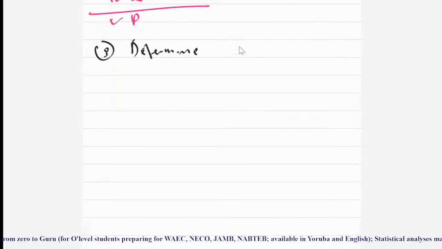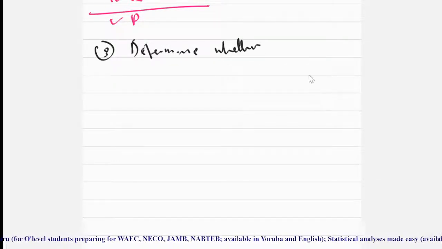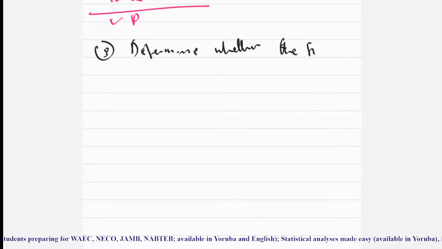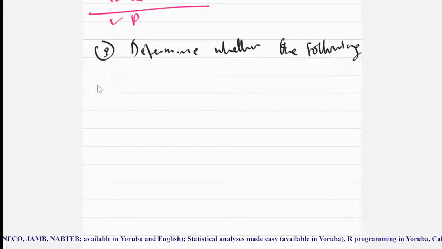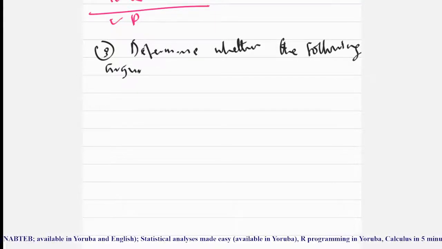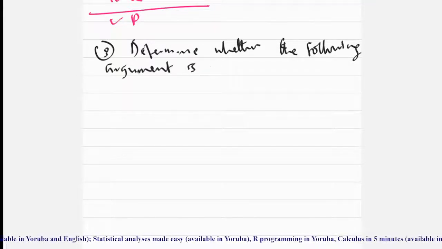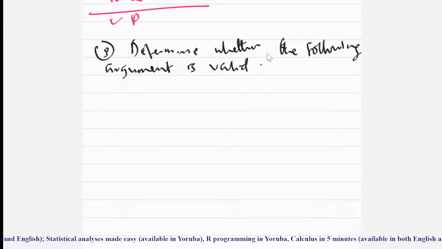Determine whether the following argument is valid. How do you know it is valid? That is when the conjunction of all the premises implies the conclusion. I hope you understand now.